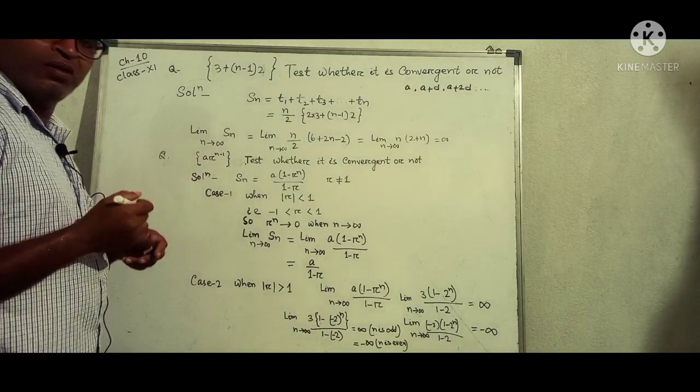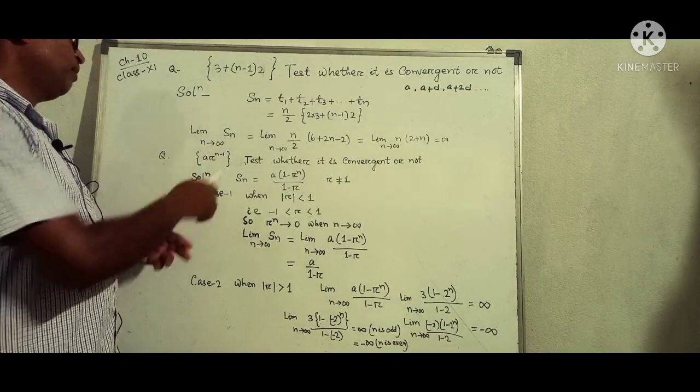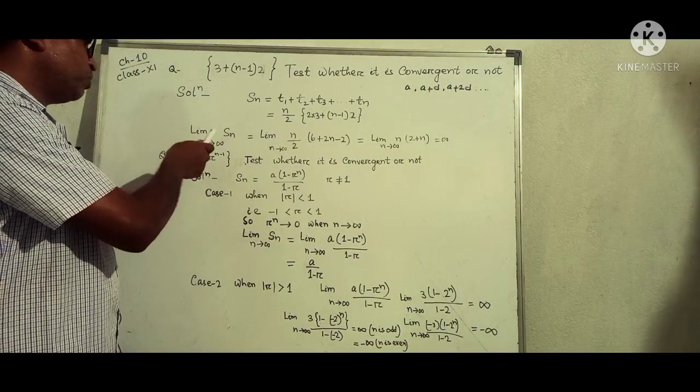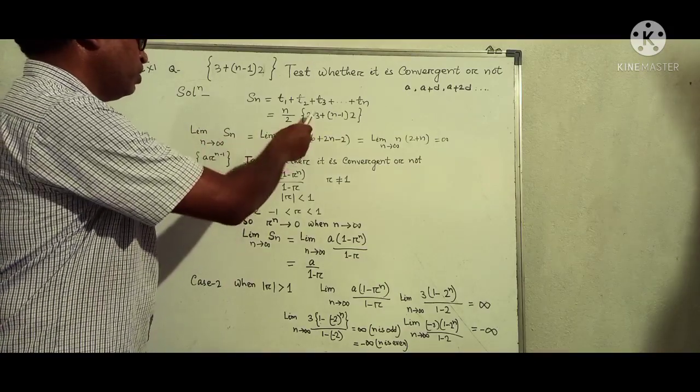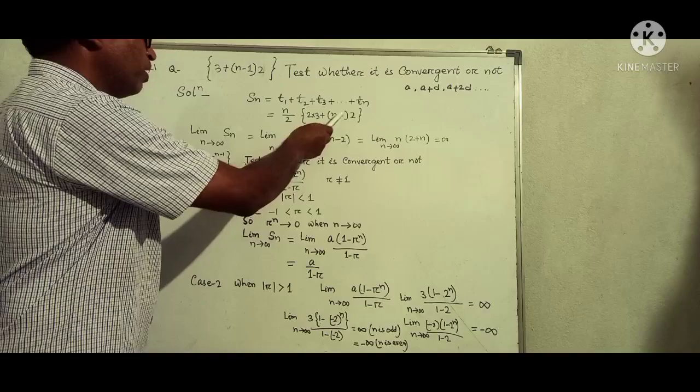Now we will find the limit of Sn as n tends to infinity. That is equal to the limit of n by 2 into (6 plus 2n minus 2).